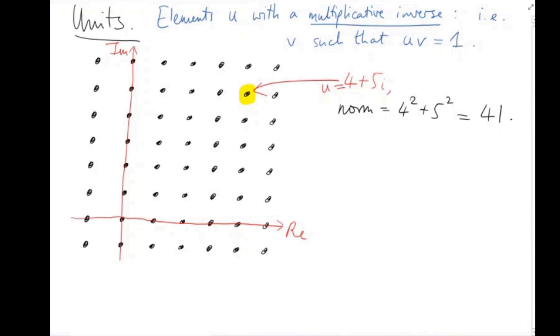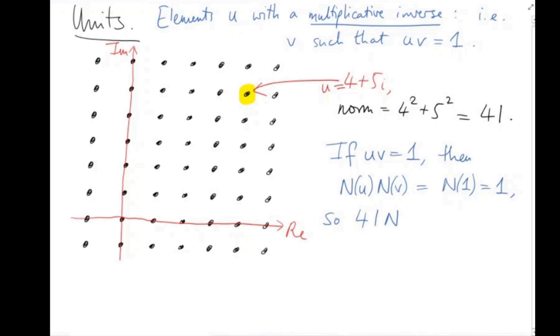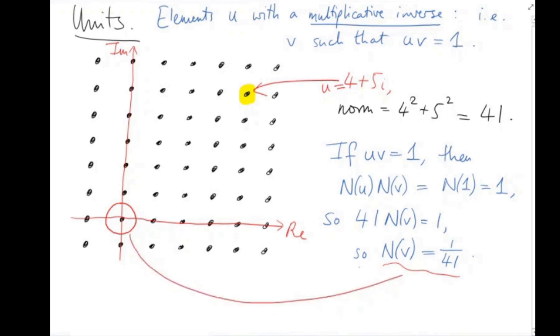Well, if so, then there must exist some v such that u times v equals 1. So by taking norms, 41 times the norm of v must be 1. So the norm of v must be 1 over 41. So v must lie on this tiny circle of radius 1 over root 41 about the origin. But there are no elements on this circle.